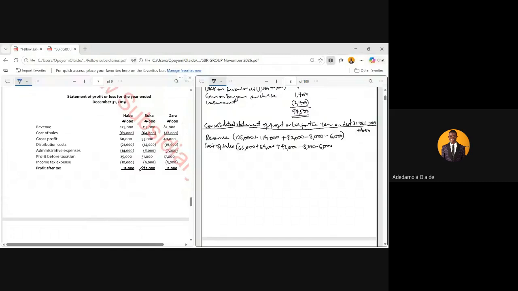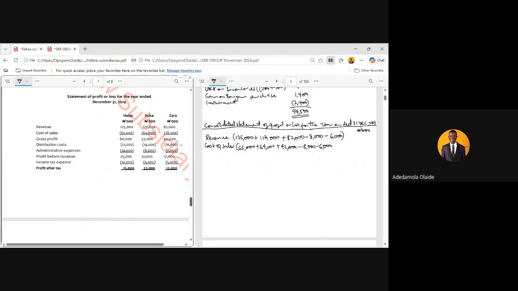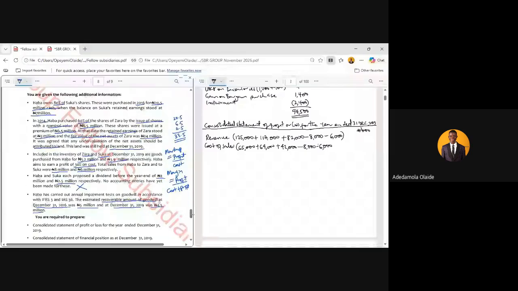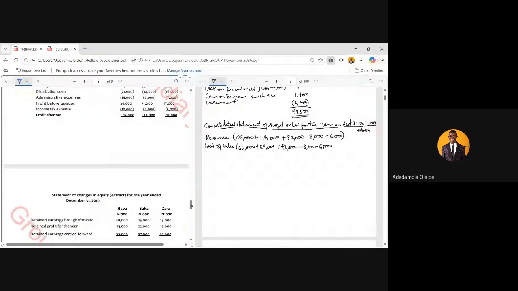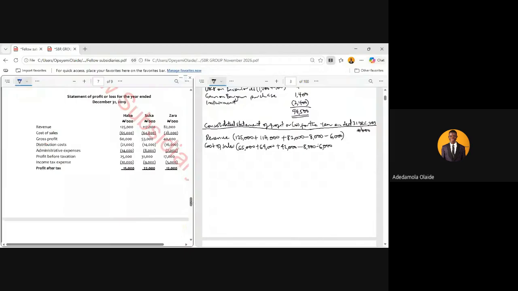So in revenue, we added the three figures, 125 plus 117 plus 82. But remember that in the additional information, we have information that they sold goods within the group. Abba sold to Suka and Zara 8 million and 6 million respectively. Any intra-group sales, the group adjustment rule is that we eliminate it. That's why we are taking out 8,000 and 6,000.